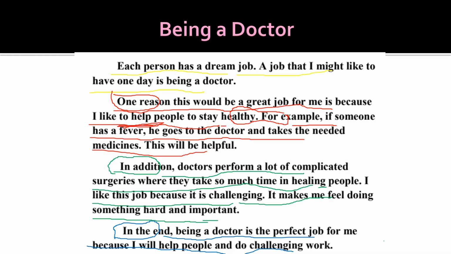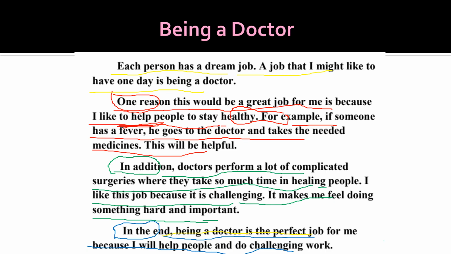So, being a doctor is the perfect job for me. You can notice that this part of the sentence is colored yellow because it is the same idea from the first paragraph, from the introduction, when I said that the job that I choose is doctor.